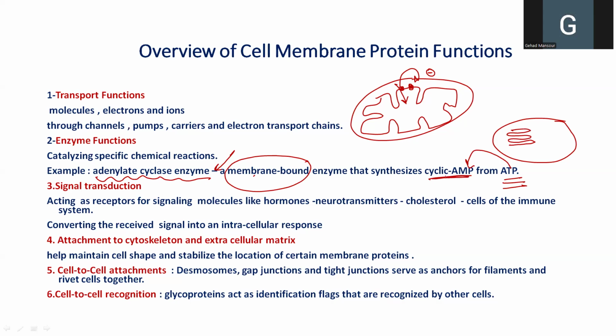Cyclic AMP is important. It has a totally different function. ATP is there to be hydrolyzed into ADP and phosphate and energy. So it is a source of energy, but cyclic AMP acts as a secondary messenger inside the cell.